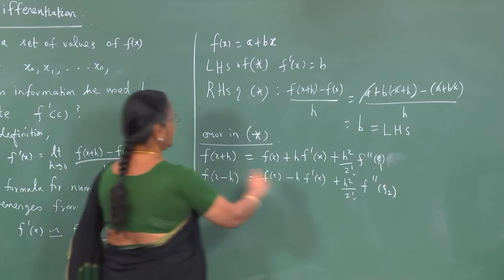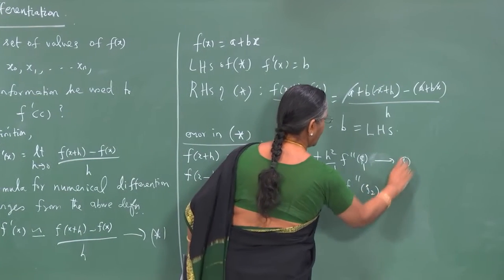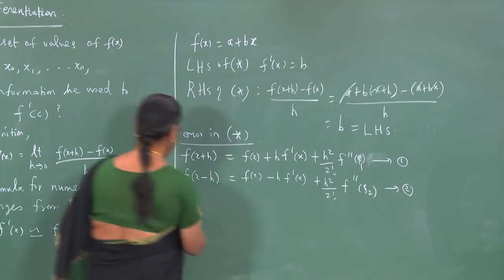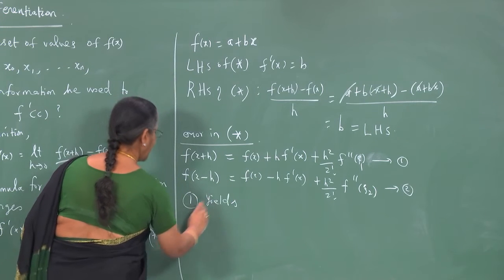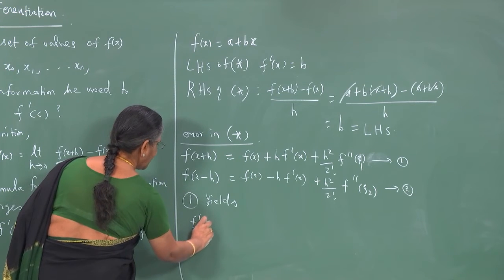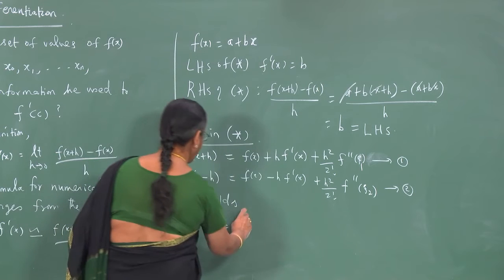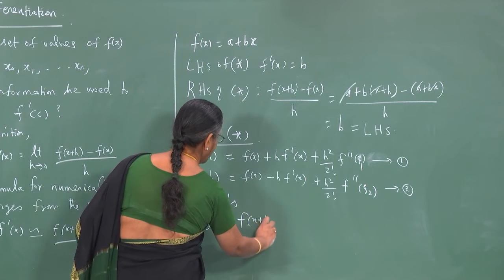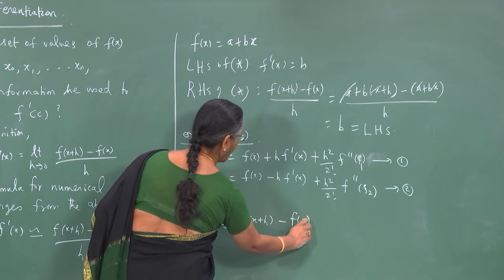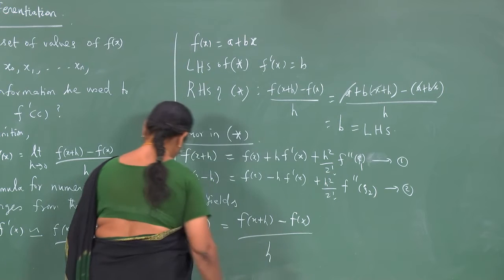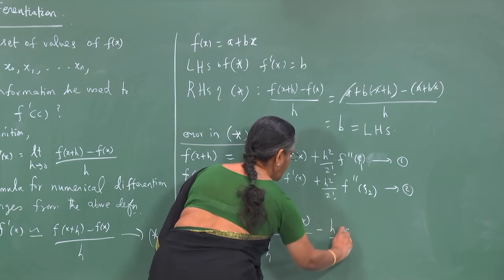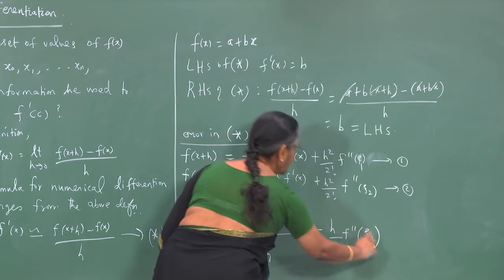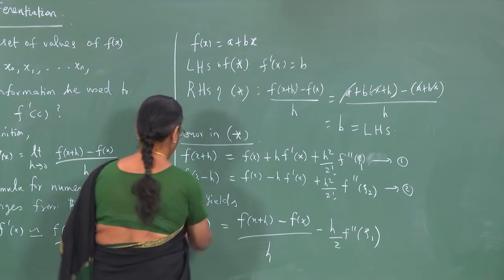Let us use the result, say 1, in writing what f dashed of x is. So, f dashed of x will be f of x plus h minus f of x divided by h minus h by 2 into f double dashed at psi 1.